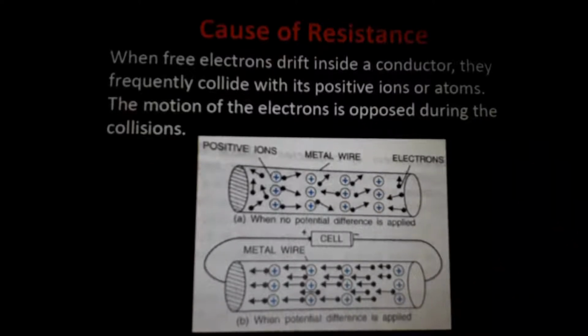But in the case of conductors, it is not like that. In the case of conductors, whenever these negatively charged ions are hitting these positively charged ions or atoms, what is happening? Some of the energy these negatively charged atoms will lose. Understood?